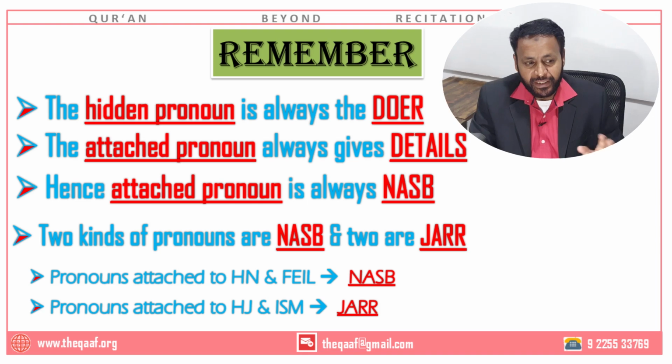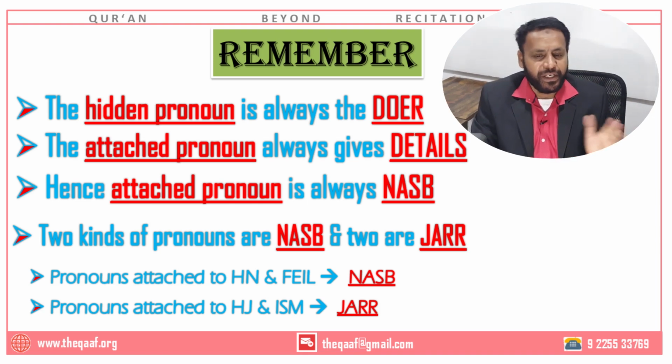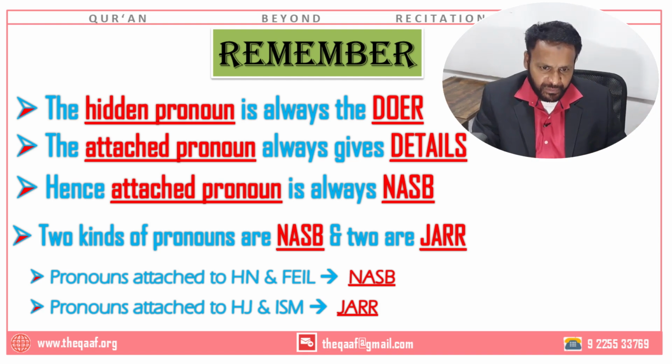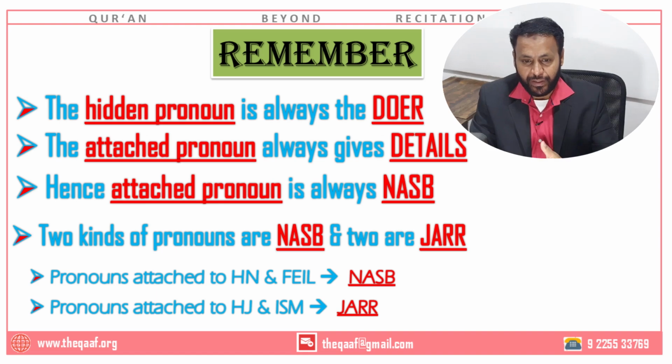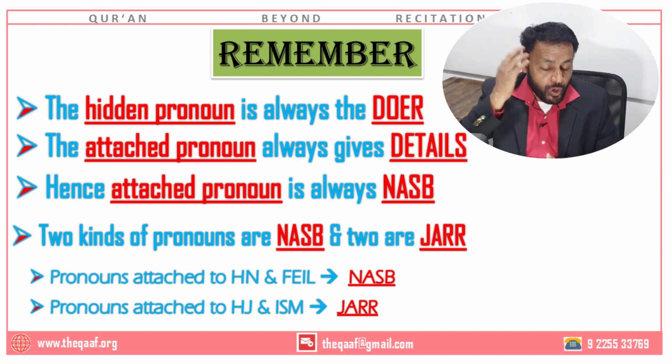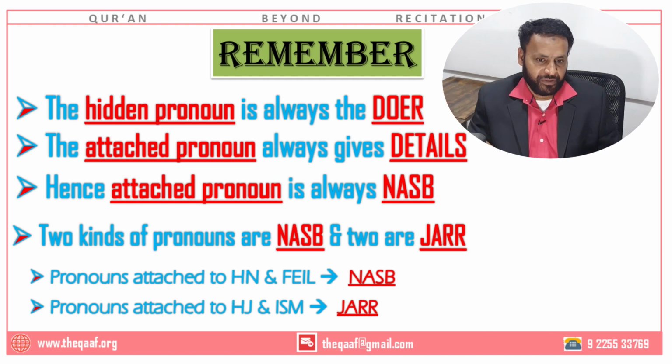So we have studied that whenever a pronoun attaches to any entity, it can only be nasb or jar. In two cases it is nasb, when it is attached to a harf of nasb and when it is attached to a fail. And in two cases it is jar, when it attaches to an ism and when it attaches to a harf of jar. These are some golden conclusions which should always be in your mind, so that when you are interpreting you will never make a mistake.